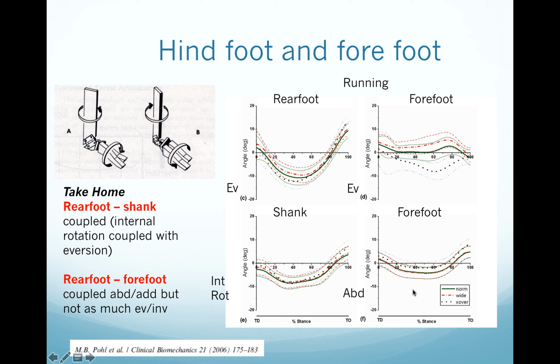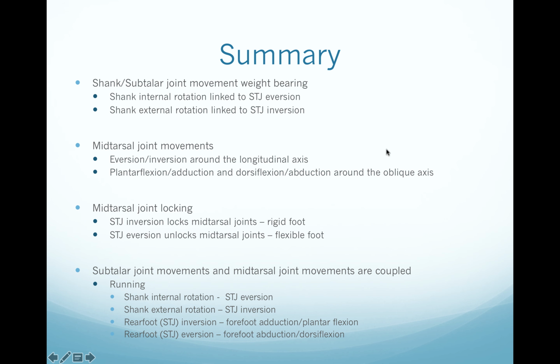And so this fits nicely with the idea of arch raising and lowering. And so what we can see with this data is that it appears that shank motion is more effectively linked to the oblique axis than it is to the longitudinal axis of the midtarsal joint.